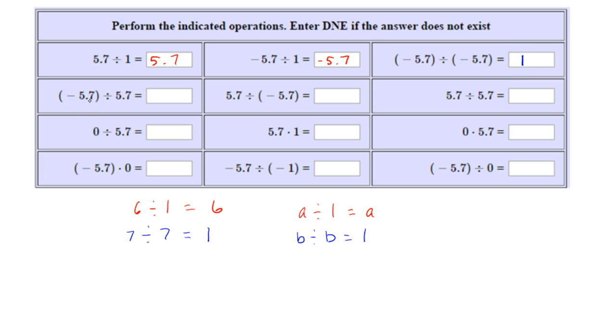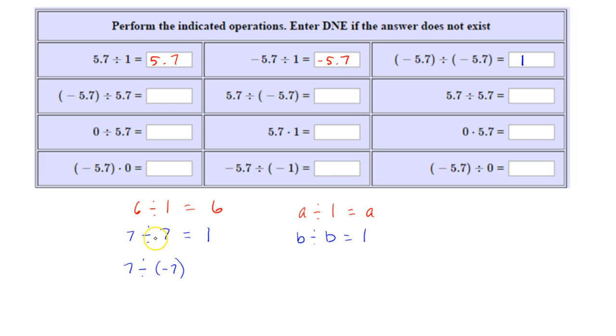Now here, it's not a number divided by itself, it's the opposite of a number divided by itself. So let's look at this with integers again. Here we had 7 divided by 7 is 1. Well, what would we do if we had 7 divided by negative 7? We developed these ideas that if you divide two numbers and their signs are opposites, you can divide their absolute values.